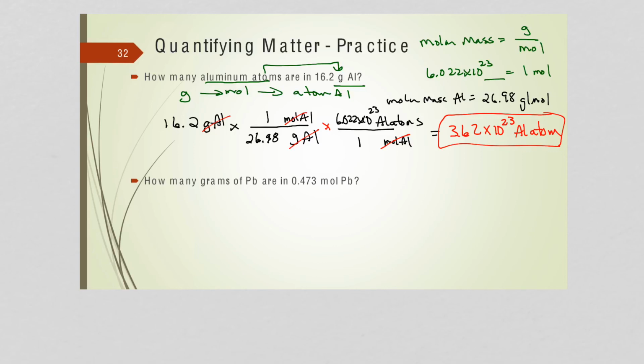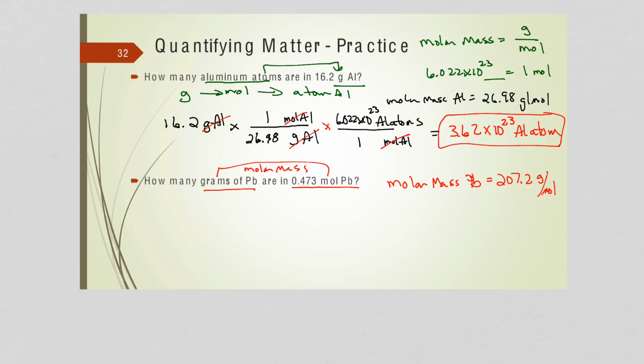In this case, we want to convert 0.473 moles of lead into how many individual grams. Since I'm going between moles and grams, I'm going to utilize the molar mass. That's my conversion between grams and moles. If I look on the periodic table, the molar mass of Pb equals 207.2 grams per mole.